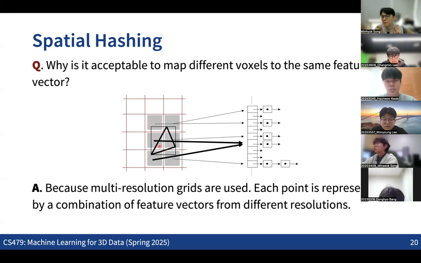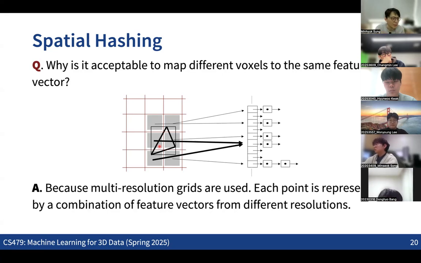It will be a very rare case that we see conflict, sharing the same features for the two corner points, at all resolutions. So even when you allow some conflict in the hash table at a certain grid resolution, the conflict will not happen in the other cases as well.